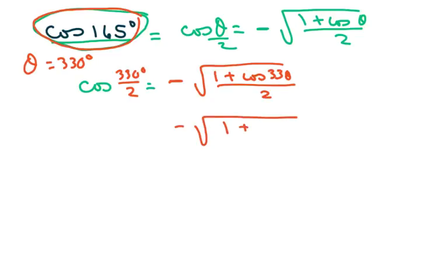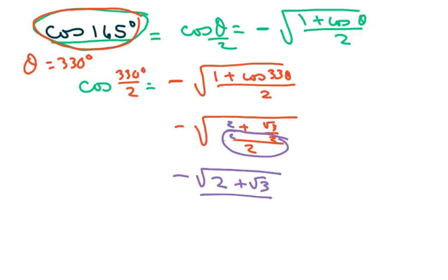So it's 1 plus square root of 3 over 2 divided by 2. Again, I'm going to just change this 1 to 2 over 2. And you notice this is going to be 4. So we get negative square root of 2 plus the square root of 3 over square root of 4, which equals negative square root of 2 plus square root of 3 over 2.